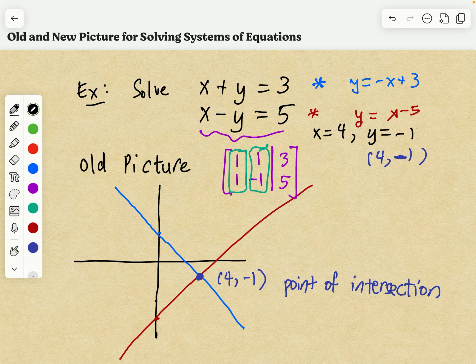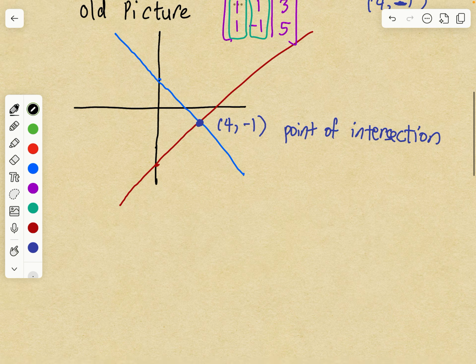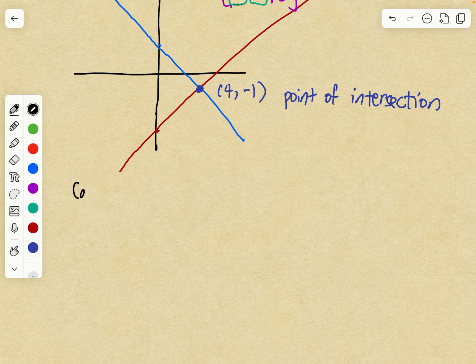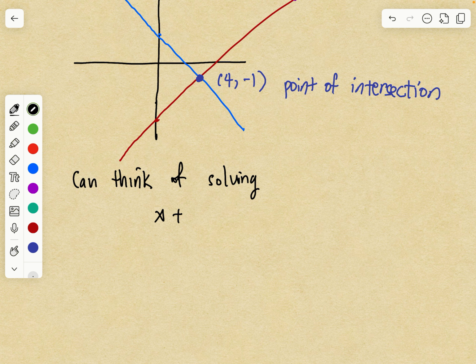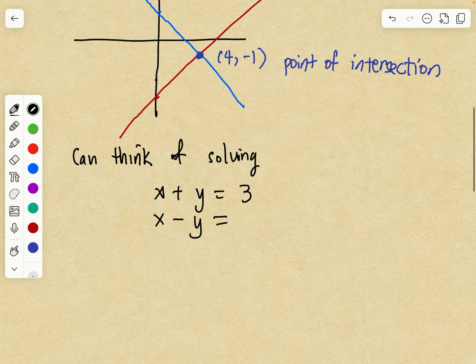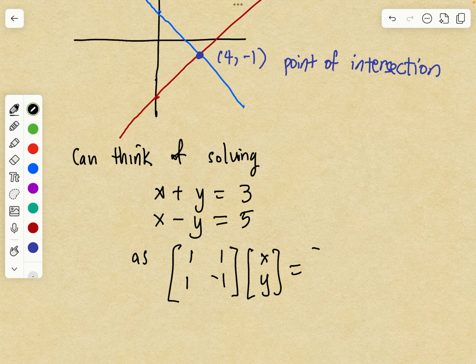The idea is that we can think of solving x plus y equals 3, x minus y equals 5, as taking this matrix times the vector (x, y) equals (3, 5).